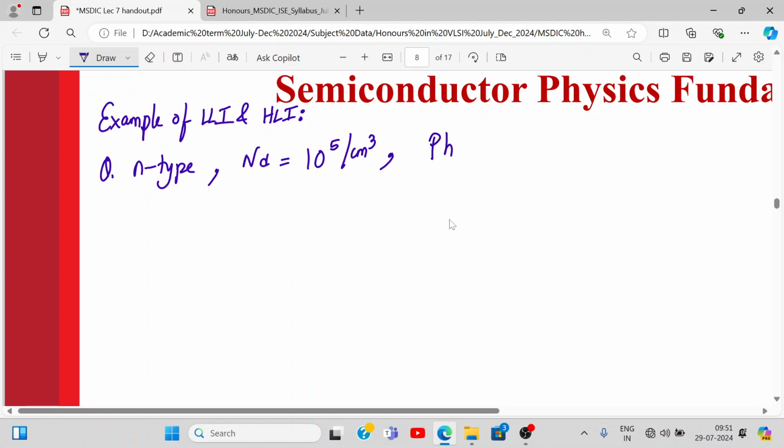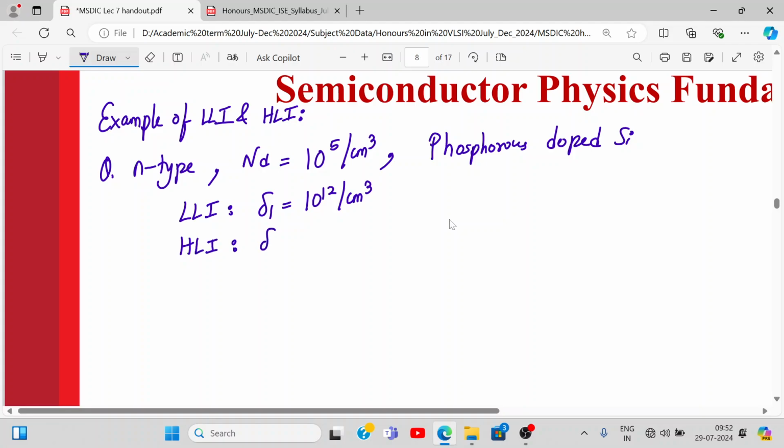It's a phosphorus doped silicon. What do you mean by phosphorus doped silicon? N-type. So let's say low level injection is delta 1, which is 10 raised to 12 per centimeter cube, and high level injection is delta 2, which is 10 raised to 17 per centimeter cube.